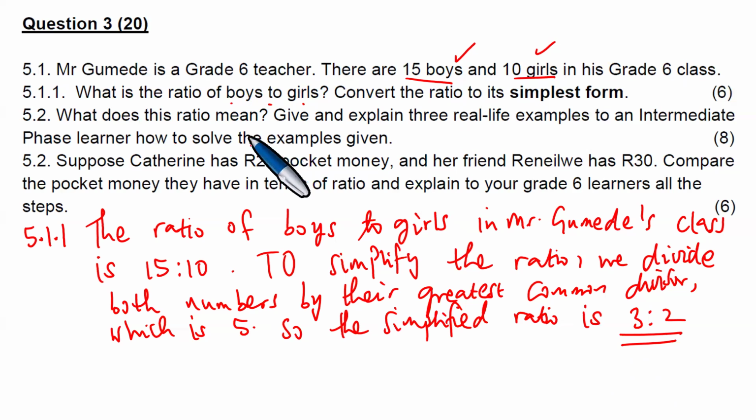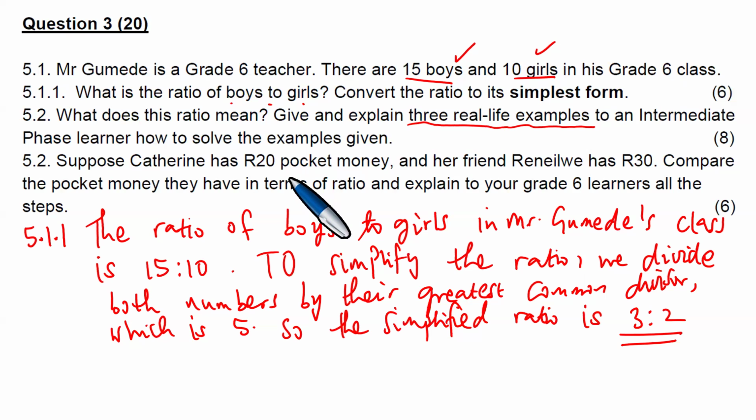Okay, that's 5.2. What does this ratio mean? Give and explain 3 real-life examples to an intermediate phase learner, showing how to solve the examples given. Okay, so this is exactly what we have.